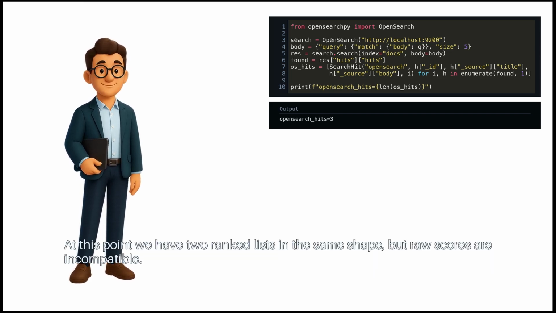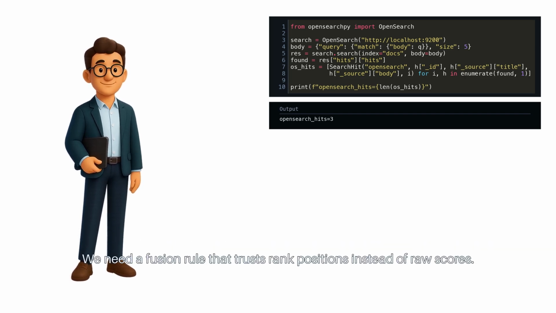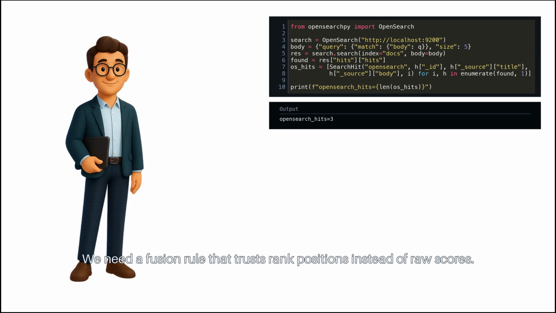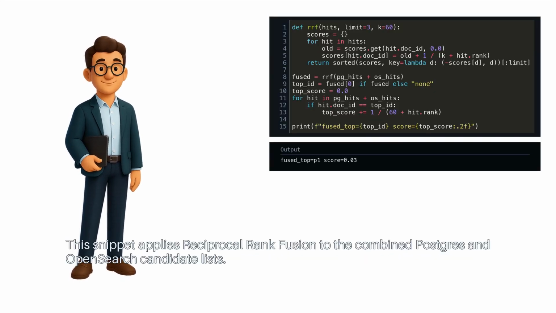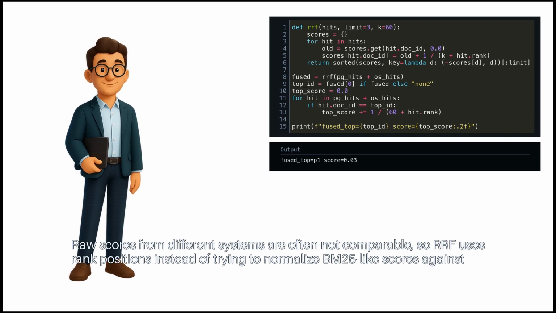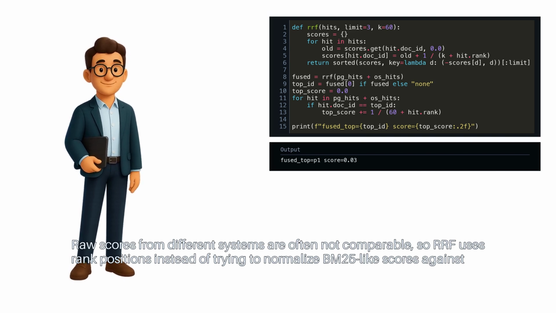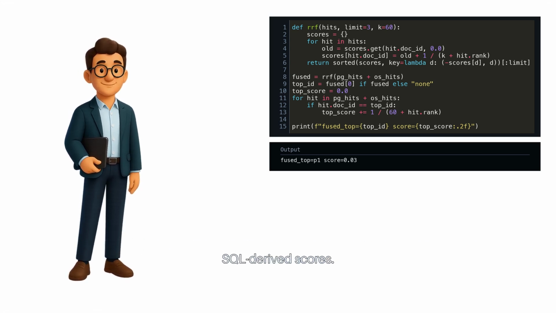At this point, we have two ranked lists in the same shape, but raw scores are incompatible. We need a fusion rule that trusts ranked positions instead of raw scores. This snippet applies Reciprocal Rank Fusion to the combined Postgres and OpenSearch candidate lists. Raw scores from different systems are often not comparable, so RRF uses rank positions instead of trying to normalize BM25-like scores against SQL-derived scores.